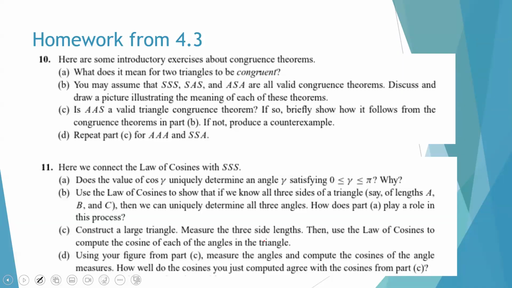So here's some of the homework. These are introductory exercises about congruence theorems. What does it mean for two triangles to be congruent? You're going to write some sentences, maybe something along the lines that congruence of triangles means that two triangles are said to be congruent if all three corresponding sides are equal and all three corresponding angles are equal.